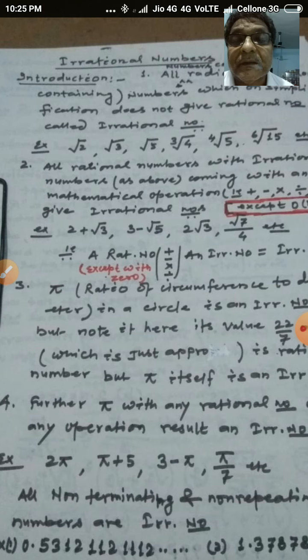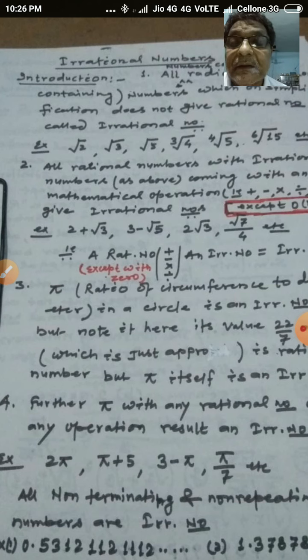There is one exception: if you are taking the rational number 0 especially, then this result doesn't hold good. Except 0, any other rational number and irrational number under any operation give an irrational number.